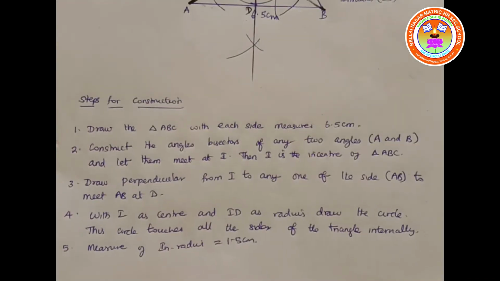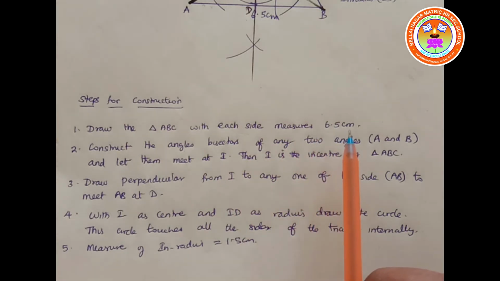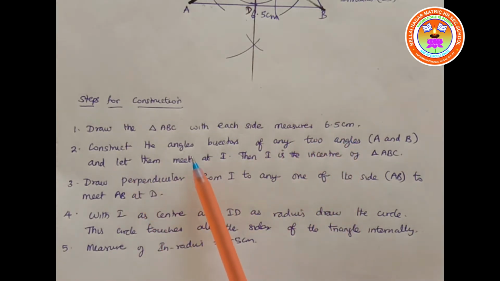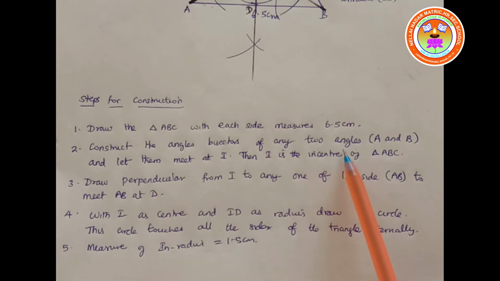Construction. Draw the triangle ABC with each side measuring 6.5 centimeter. Construct the angle bisectors of any two angles, A and B, and let them meet at I. Then I is the incenter of triangle ABC.